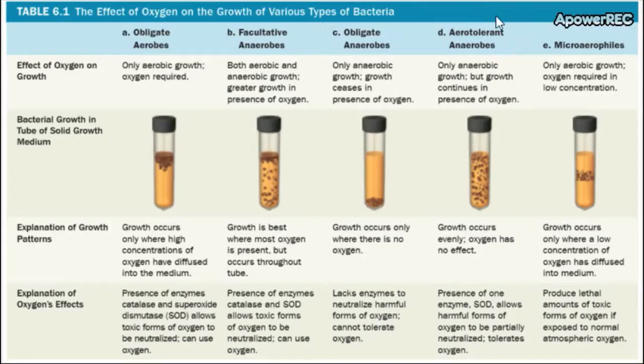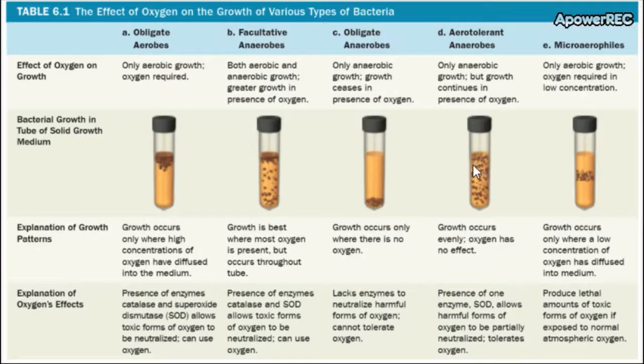Fourth on the list are the aerotolerant anaerobes. And so these ones, they don't use oxygen, okay? They don't have the special metabolism that allows them to use oxygen as an efficient form of metabolism, like our obligate aerobes and our facultative anaerobes. So you don't see that special clumping of cells at the top. Instead, they kind of look like facultative anaerobes, but they have no bias for an oxygen-rich environment.